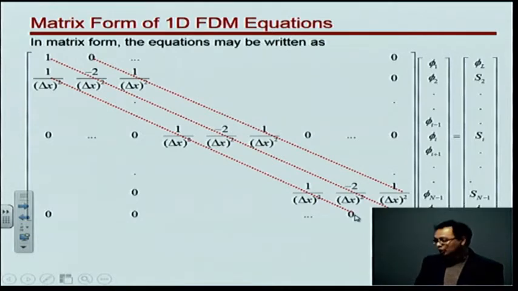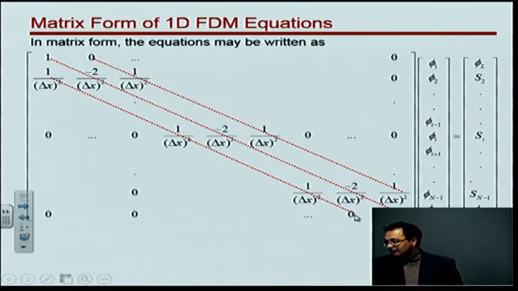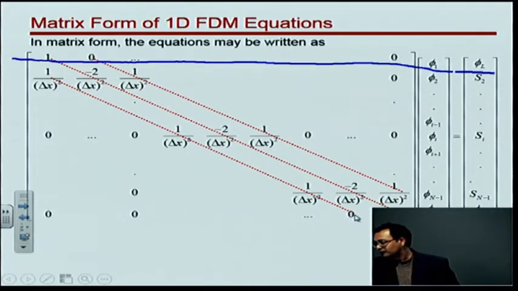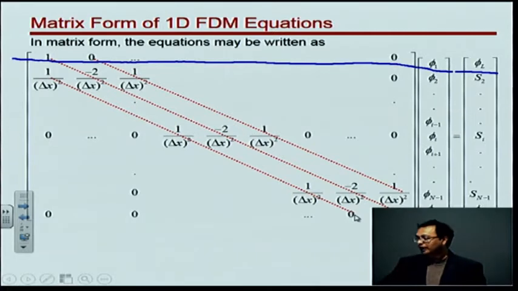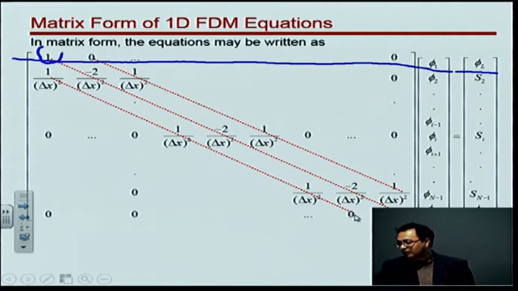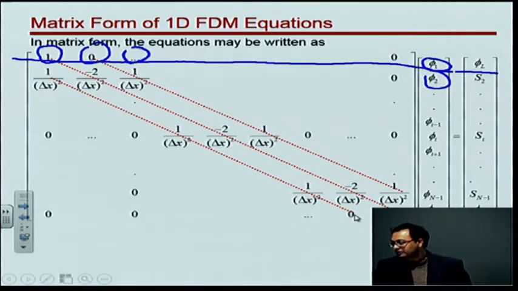All right, so if I look at the first one, what do I have? Remember, matrix multiplication is row times column. So I'm multiplying 1 with phi1, I'm multiplying 0 with phi2, I'm multiplying the third element with the third element, and so on.